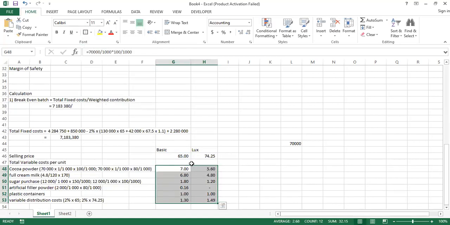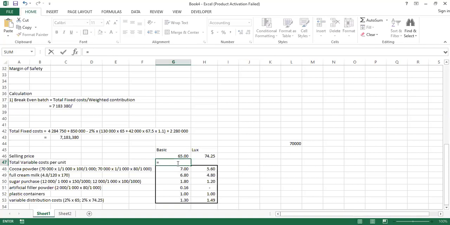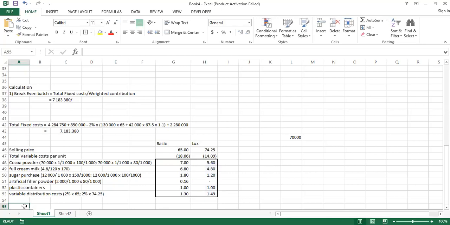We're going to need the total there, which is the sum of all that in the box, and then we need the same there, but let's make it negative so that our workings are nice. Our selling price minus our total variable cost gives us contribution per unit.